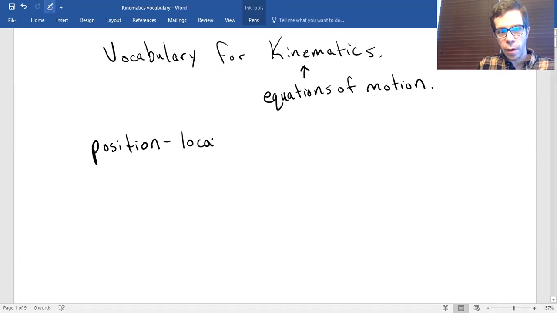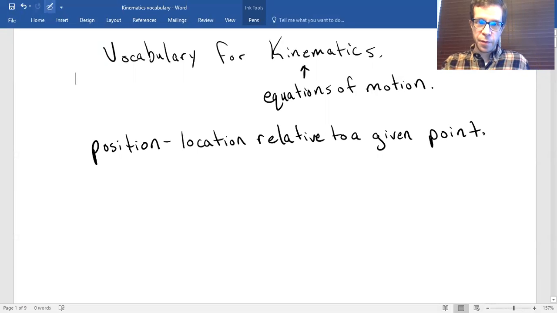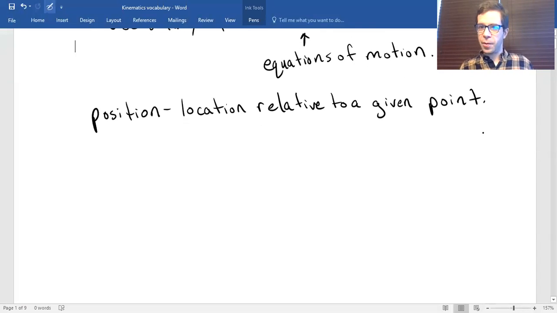All right, this is a location relative to a given point. Right, if I say I'm 10 feet, that doesn't tell you anything. I have to be 10 feet from something. Even more specifically, I have to be 10 feet in a certain direction from something.